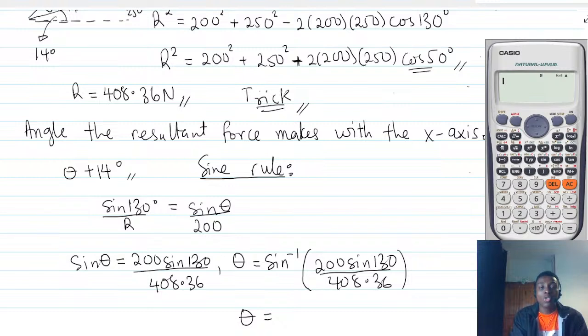So the answer is going to be the sine inverse of 200 sine 130.